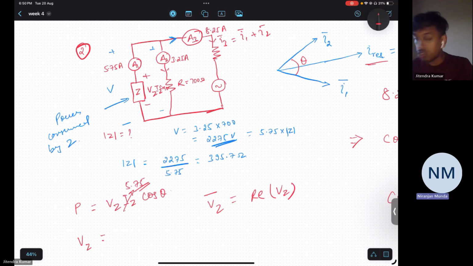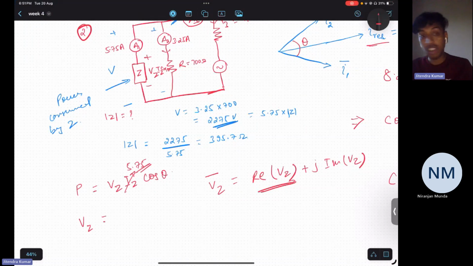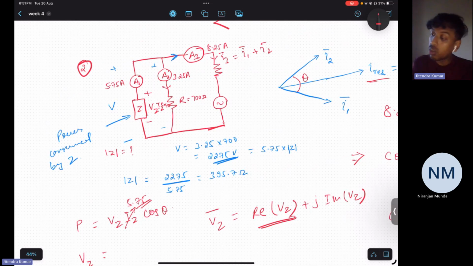Sir, we cannot write the current in the form of an angle. The current that is coming, 5.75, we cannot take out by applying an angle to it. See, I1 into cos theta will be equal to I2, right? Isn't it? But we want to know the angle difference between this I1 and Vz, meaning V and I.